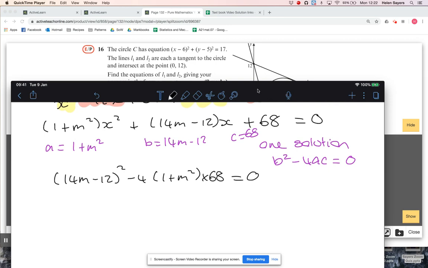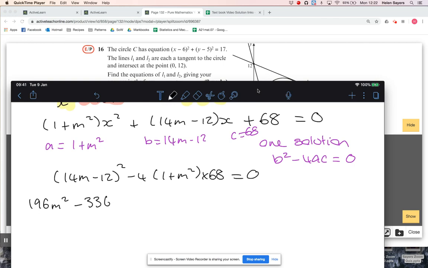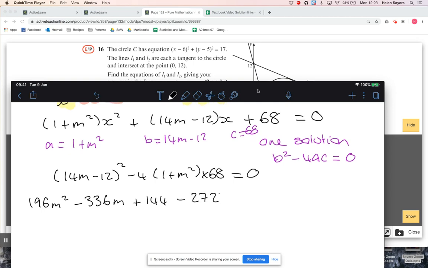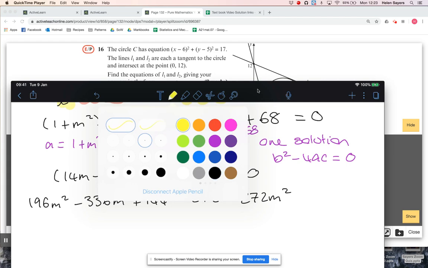I've got 14m times 14m, so 196m squared. I've got minus 12 times 14m, and I'll have that twice, so that would be minus 336m, and then I've got 12 times 12. Then I've got minus 4 times 68 times 1, so that's giving me minus 272. And then also minus 4 times 68 times m squared.